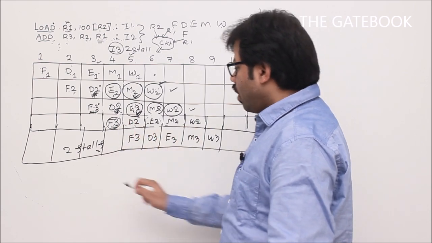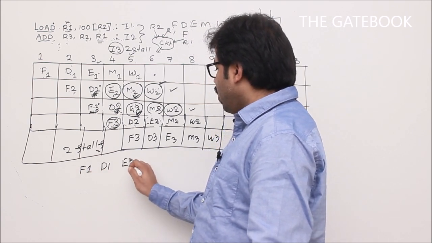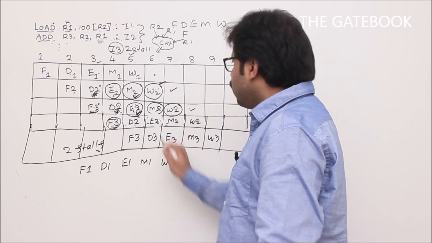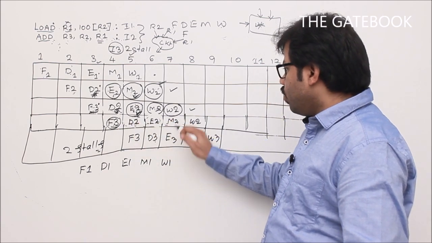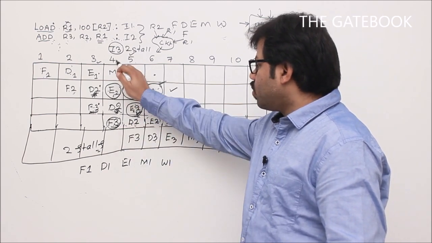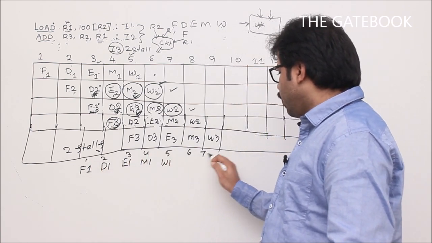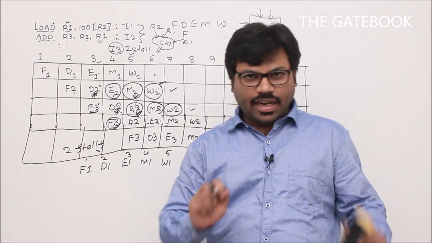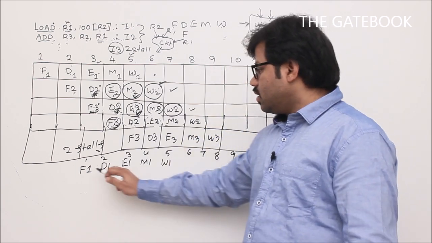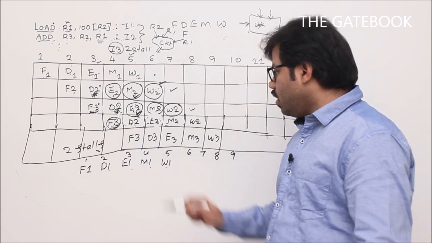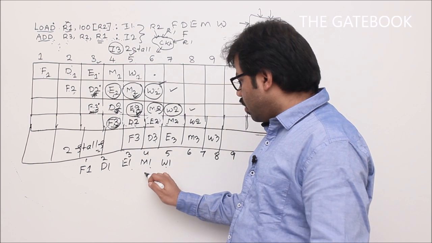Can I say that? So from now onwards I write like this as a shortcut: F1 D1 E1 M1 W1. This is the reality, but effectively, the real execution of I2 begins at the fourth clock cycle: 1 2 3 4 5 6 7 8 9. From now onwards in the GATE exam, whenever they say there are two stall cycles, the way to understand it is: after F1 D1 E1 M1 W1, the second instruction should seriously start at the fourth cycle.